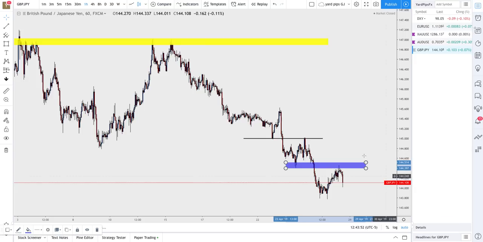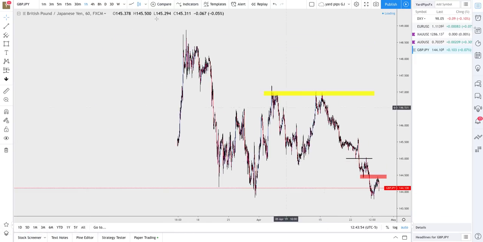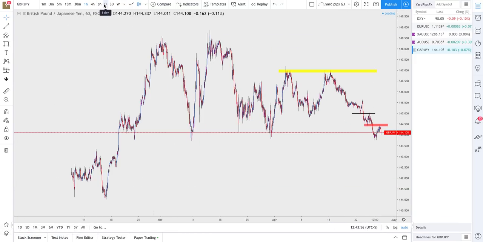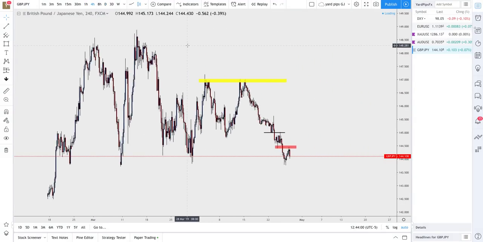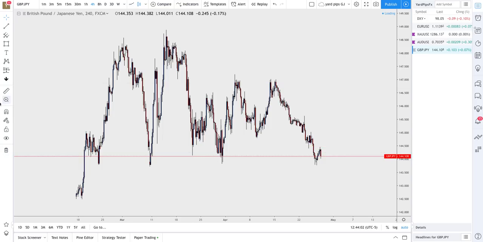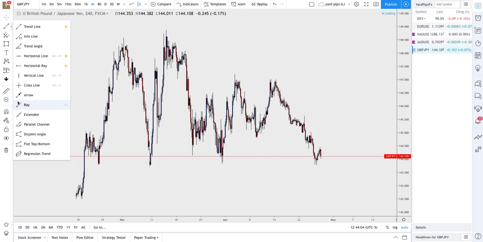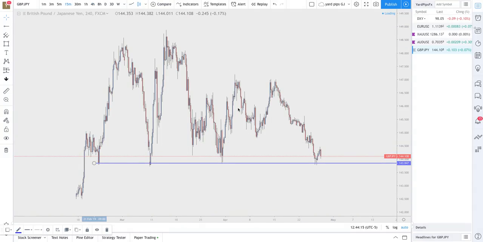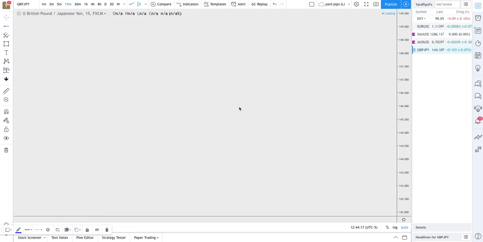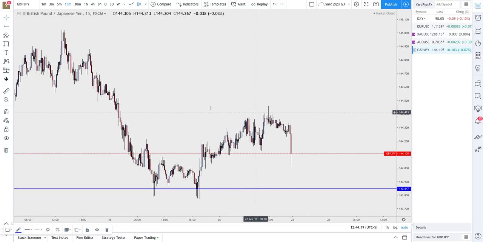Sell. But in addition to all other pairs transitioning to the upside, buyers are also looking to step in and capitalize off this level of support on GBP JPY. 1, 2, 3. Is this a fourth rejection? Going to the low time frame on GBP JPY, we actually did see transition and we are hoping for follow through.